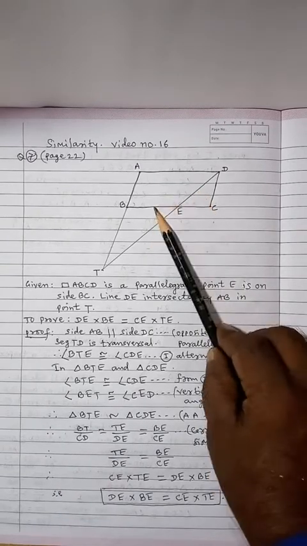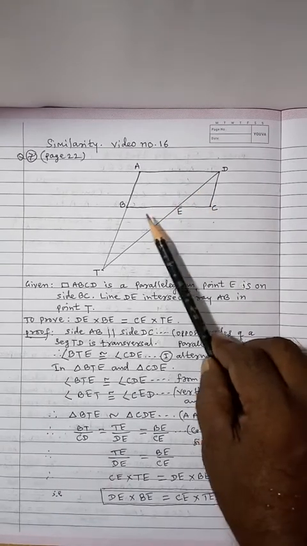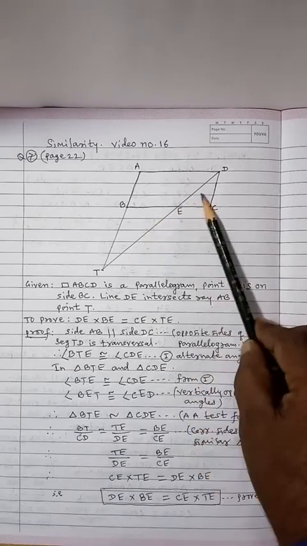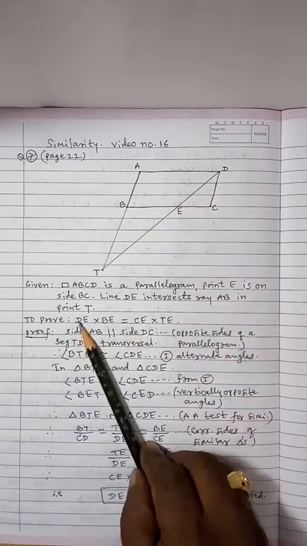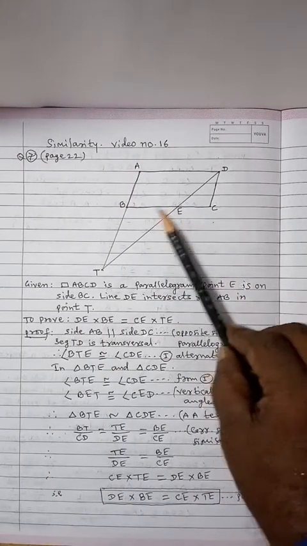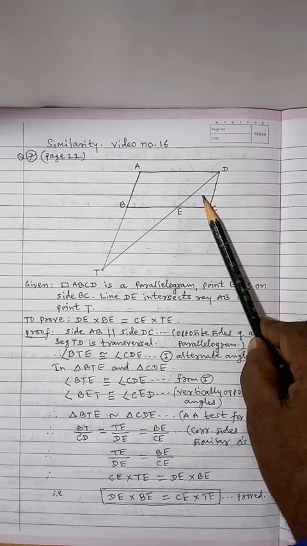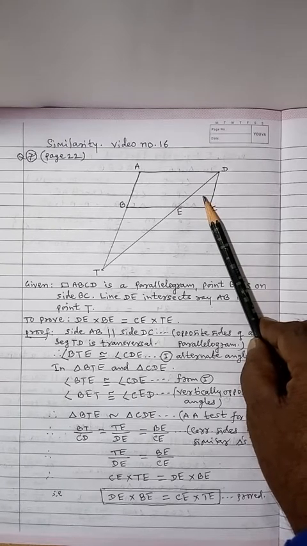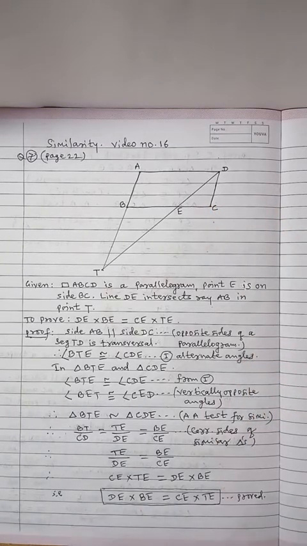These are the sides of these two triangles. So to get this result, we will prove these two triangles are similar, and then corresponding sides will be in proportion and we will get the result.